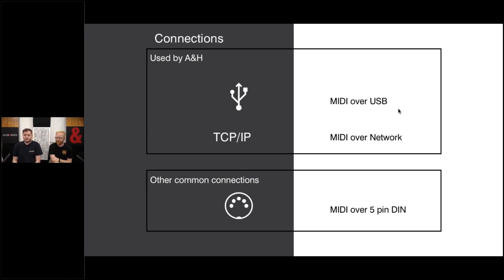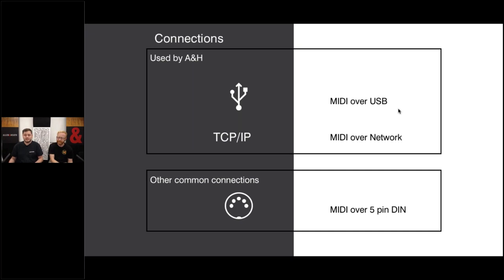Some other connections you might come across is 5-pin DIN connectors, and we'll talk a little bit later about how you can connect hardware that uses that connector with our mixers. And you can also do all of the same thing over USB in case you don't want to use your TCP connection.